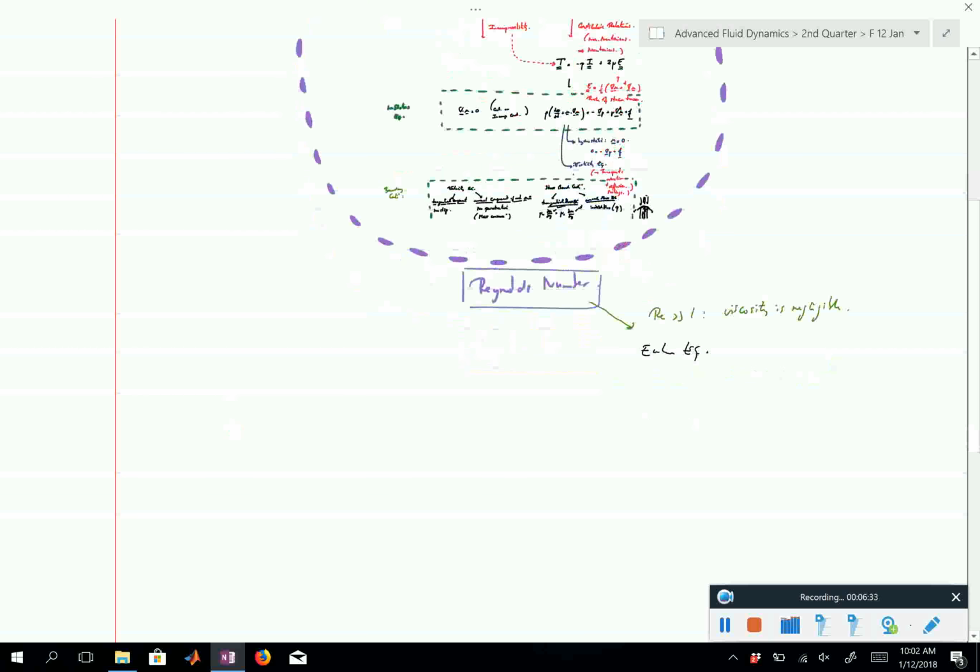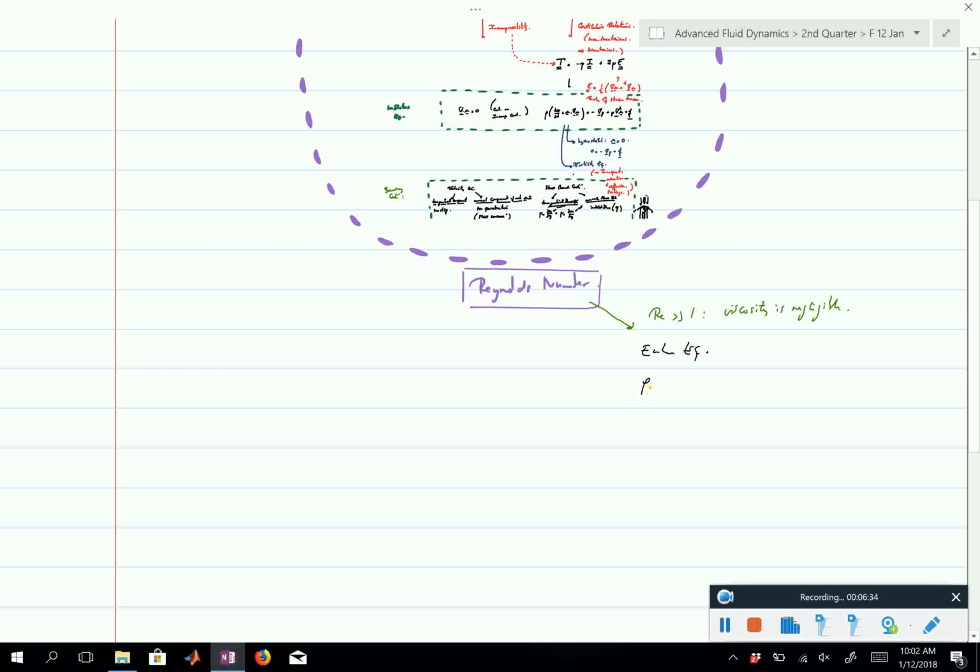And Euler's equation is the most general way of solving the fluid flow, the flow velocity field and the pressure field. So that would be Euler's equation.